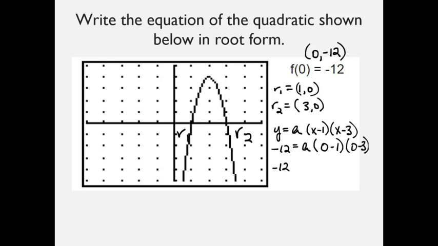So -12 is a times -1 times -3, or -12 equals positive 3a.